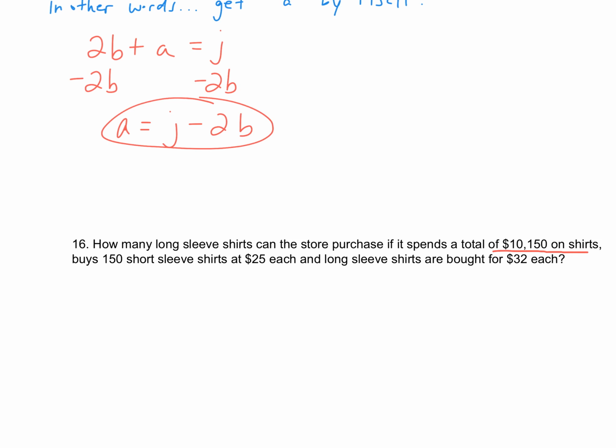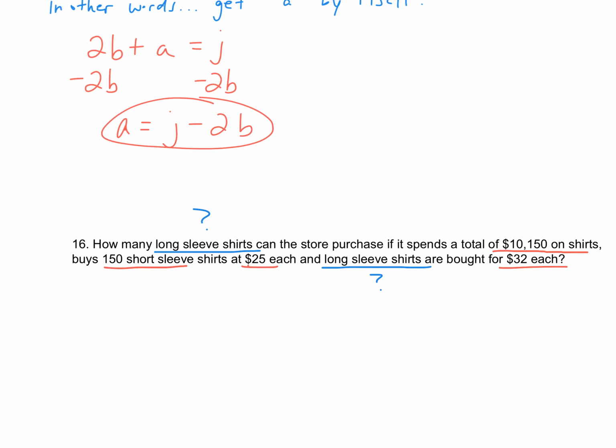We've got price on all shirts. How many short sleeve for $25? We don't know long sleeve. I'm thinking that's our variable for $32. And it does ask how many long sleeve. So again, long sleeve is our variable.